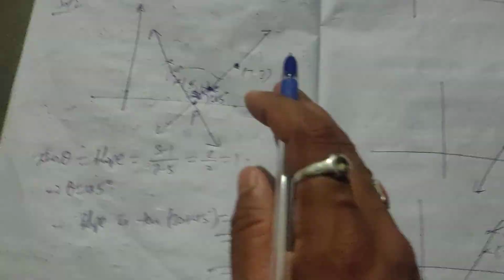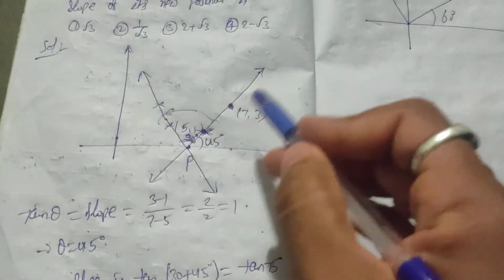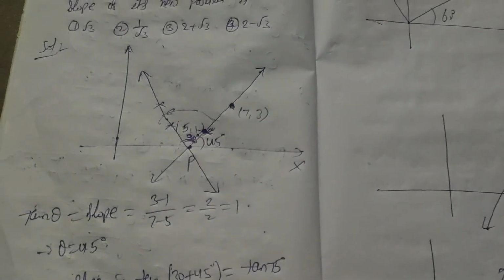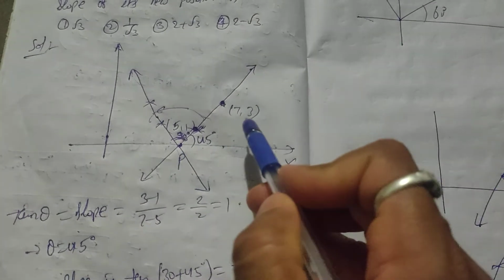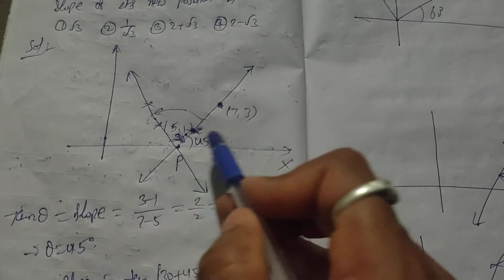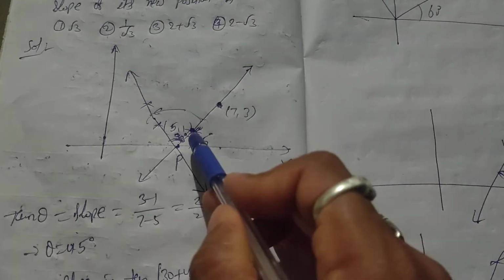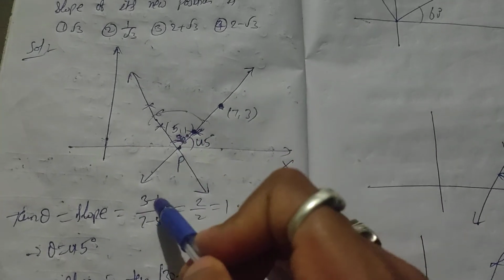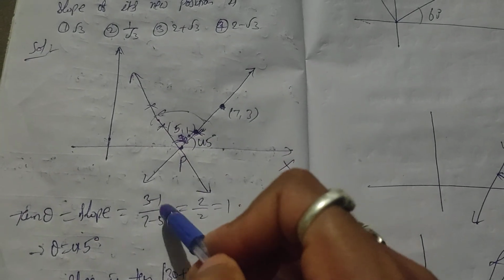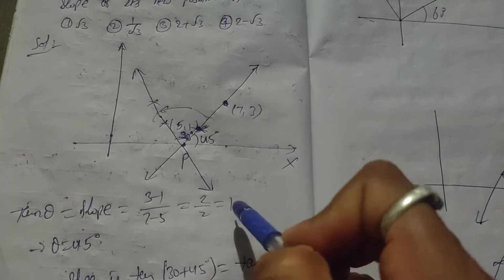Now come to the point. First find the slope according to the given two points on the line, 7 comma 3 and 5 comma 1. So y2 minus y1 by x2 minus x1 is 3 minus 1 by 7 minus 5, which is 2 by 2, equal to 1.